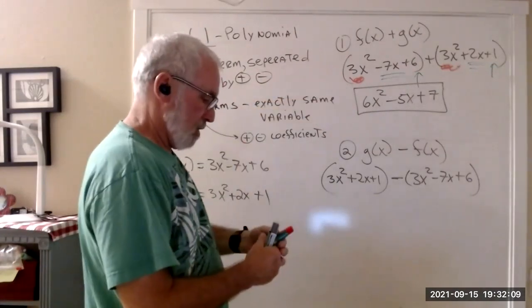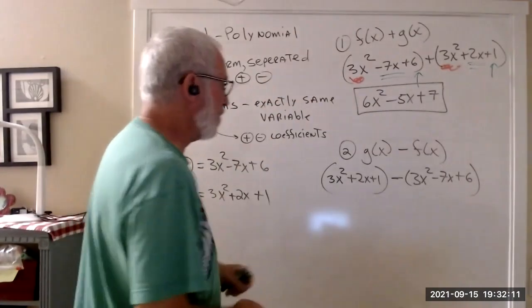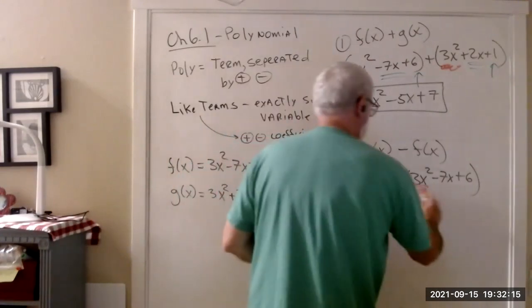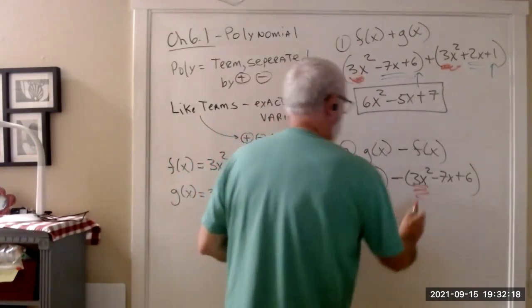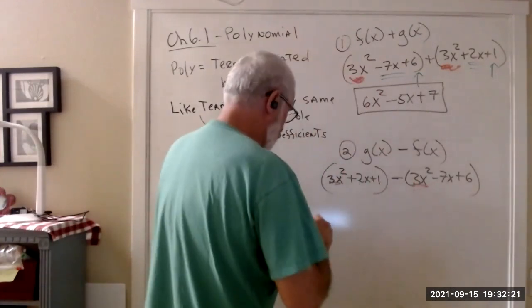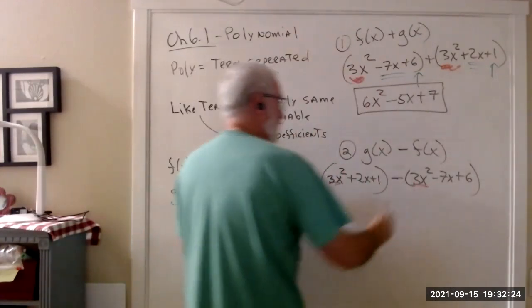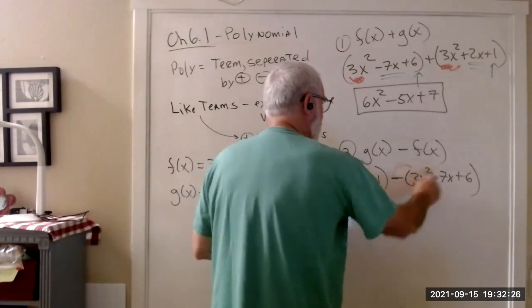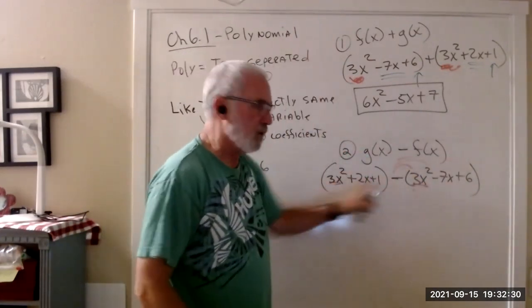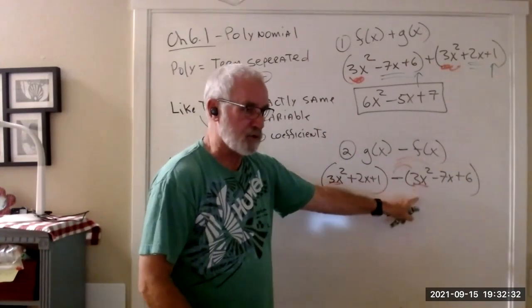Okay, so again, down here, what are my like terms? 3x squared, 3x squared. Well, actually, I'm not going to do this. The first thing I need to do is distribute the minus sign. That's key. You've got to get rid of parentheses. You technically can't add or subtract these because of the parentheses.